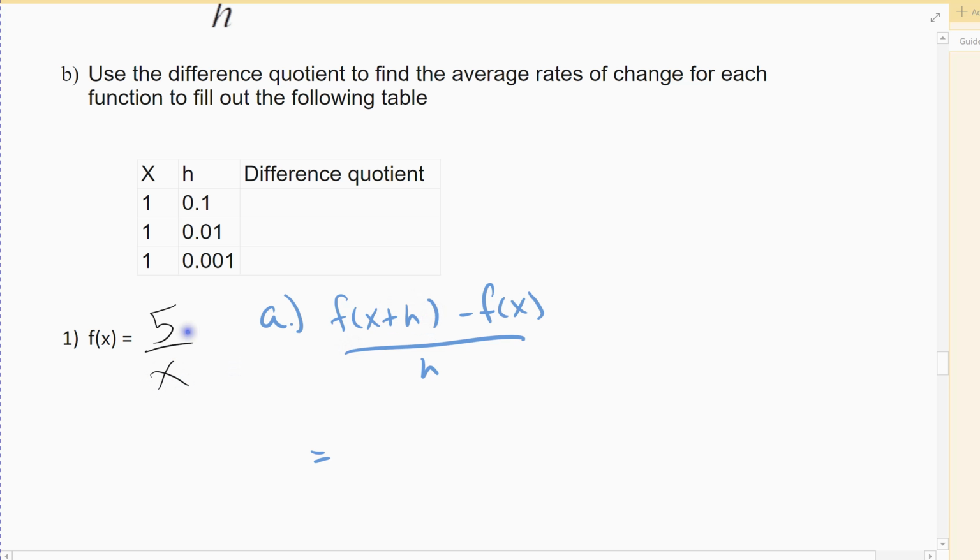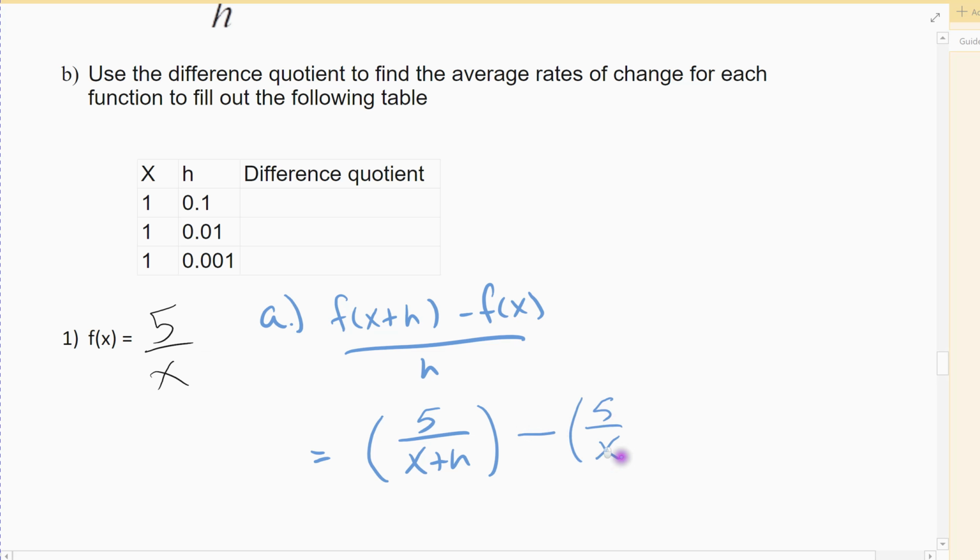So instead of 5 divided by x, it's going to be 5 divided by x plus h, then minus the original function. The original function means the original function without changing anything, so it's just minus 5 divided by x.